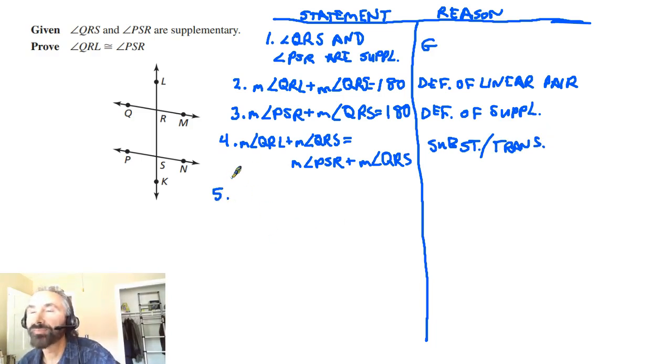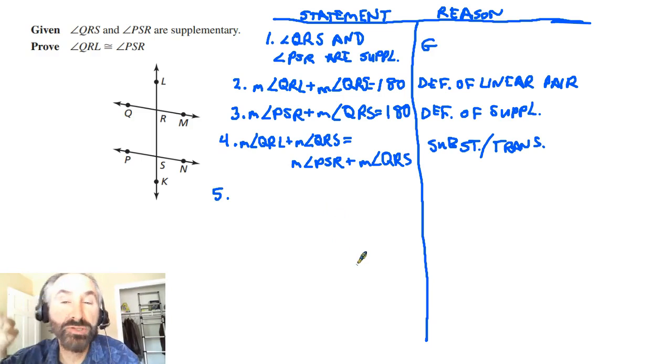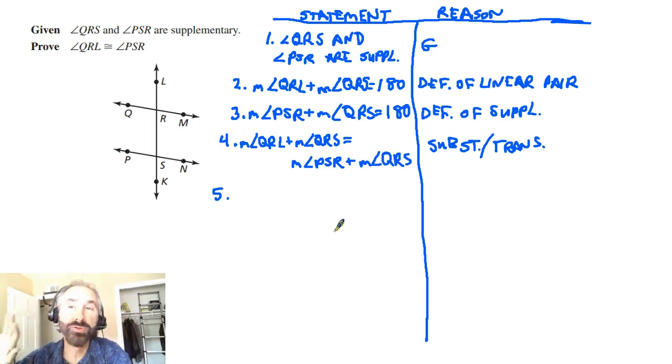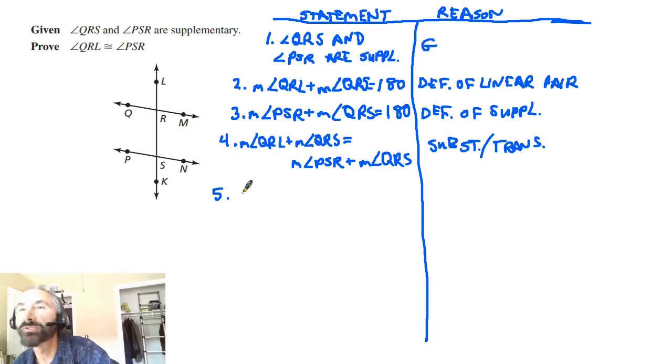And then step 5. Now, by the way, this would be an excellent proof for you to try on another day. You go back and run the video, and you try to do the proof yourself. Hit pause, try to do the proof yourself, and then you watch me and see if we agree. Anyways, let's do step 5.